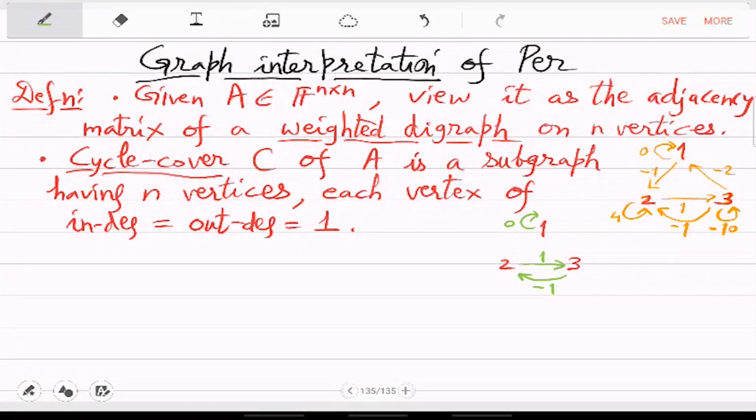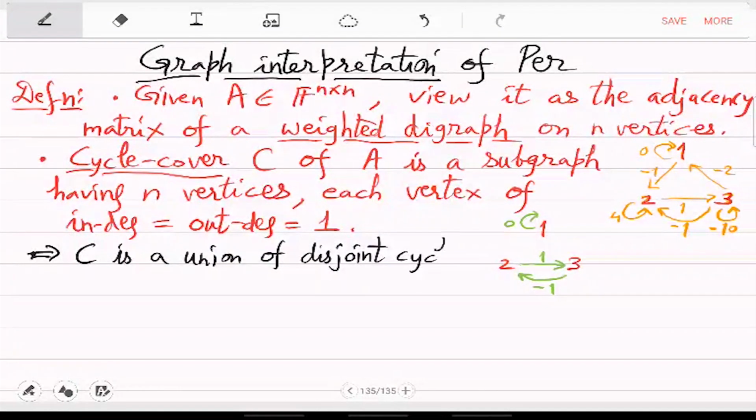So this is a cycle cover, and there are many such cycle covers you can see. There are 2 more such cycle covers. C is a union of disjoint cycles, like in this picture, a union of 2 disjoint cycles. That's a cycle cover.